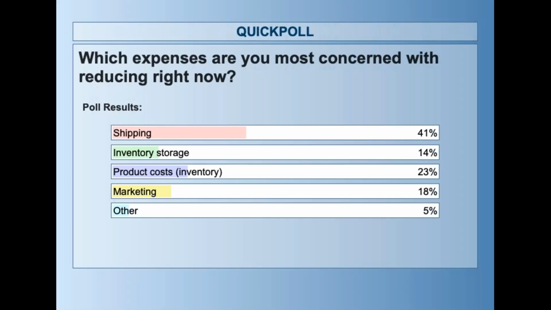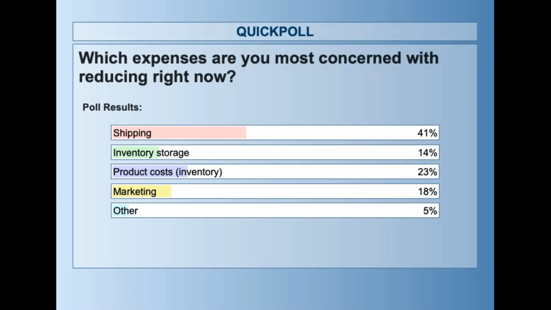So most people are concerned with shipping and reducing the shipping costs. That can obviously be a pretty big factor, and we'll touch on that in a little bit. Product costs, of course, that really deals with the profitability.